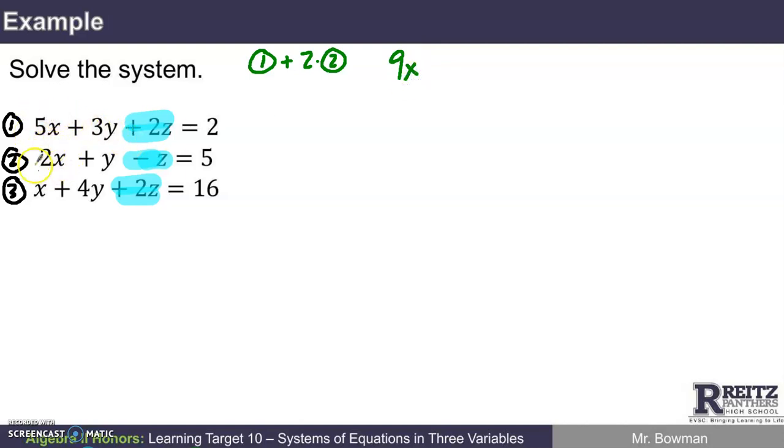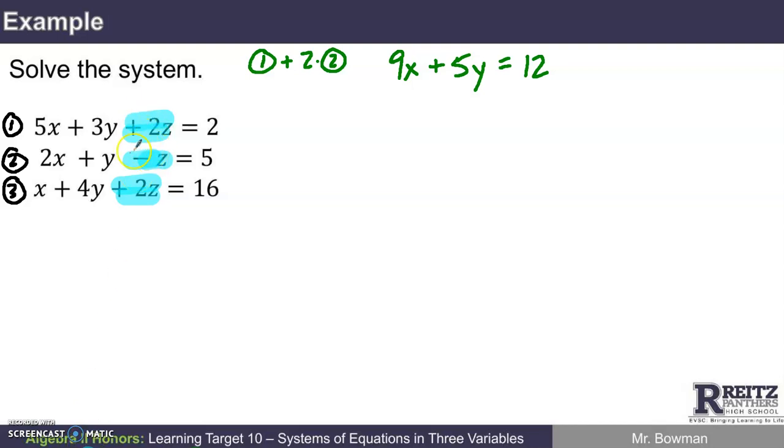If I do the same thing for the y's, if I take this and add 2 of these, I get 5y. And now I should get no z's here. This plus 2 of these is 0. And then this plus 2 of these, I believe, would be 12. And what I've done is I've eliminated z one way to get the new equation 9x plus 5y is 12.